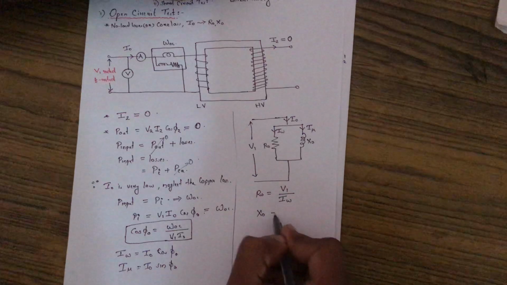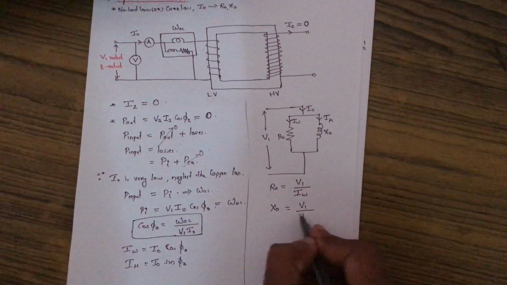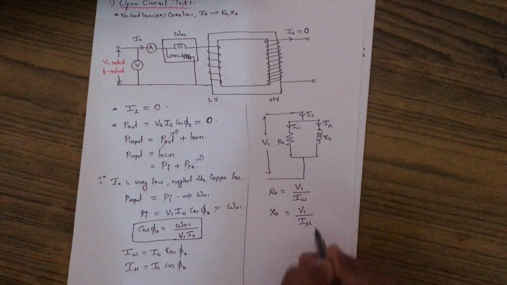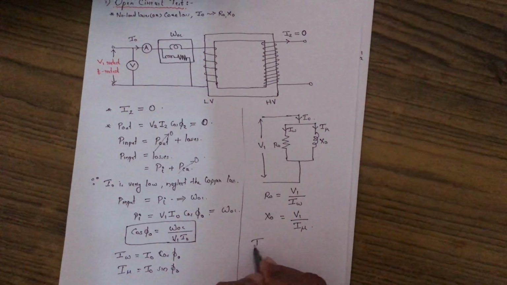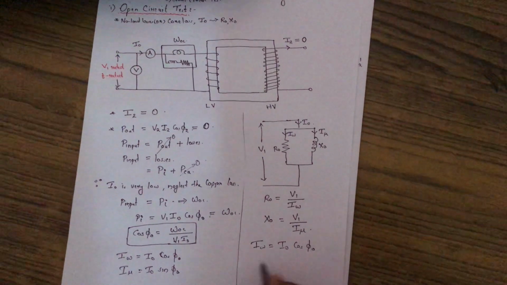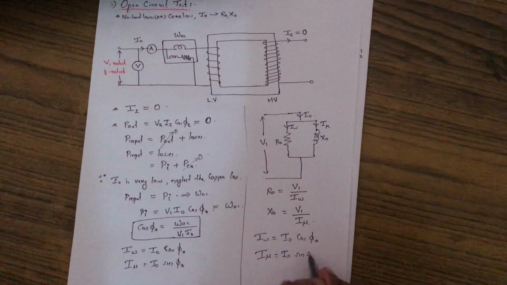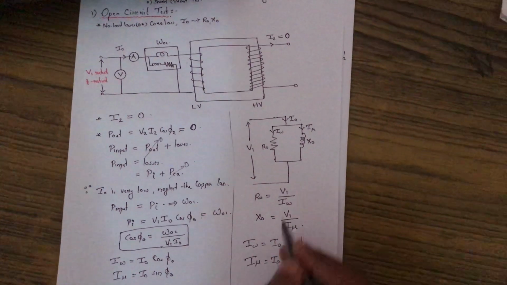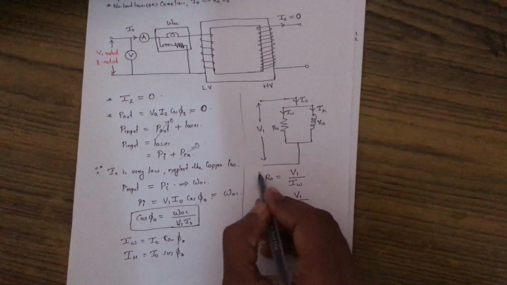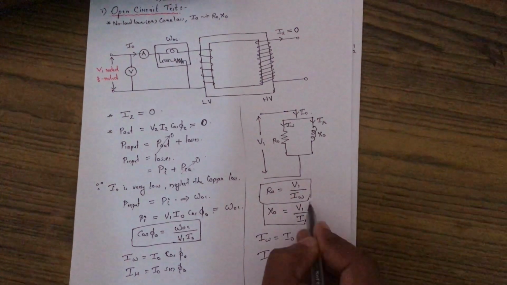And X naught is equal to V1 by the current flowing through X naught, which is I mu, where IW is I naught cos phi naught and I mu is I naught sin phi naught. Thereby we can measure the values of R naught and X naught from these data.